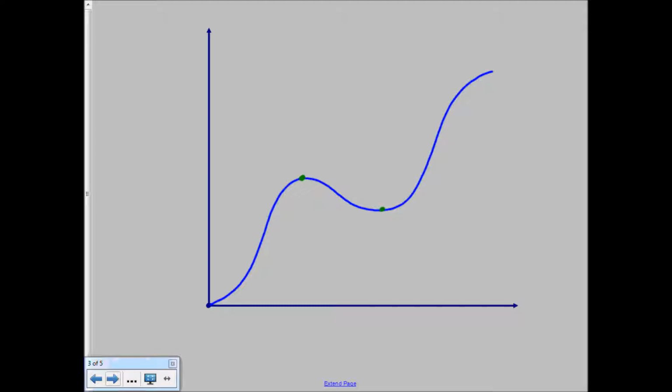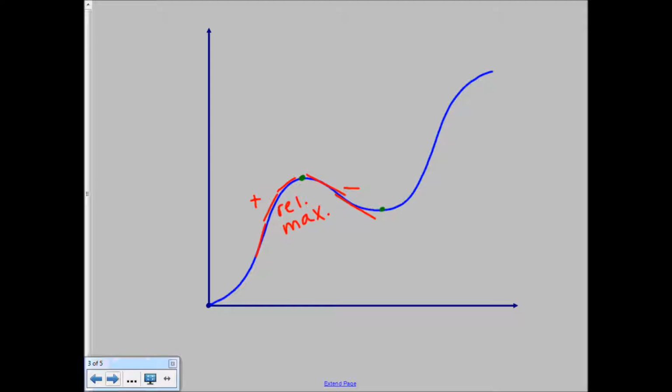If we draw on our tangent lines here, all of these have positive slopes. But if we draw some down over here, these all have negative slopes. Since this is going from positive to negative, and we can see visually that it's a maximum, this is called a relative max, or relative maximum if you want to write out the whole thing.